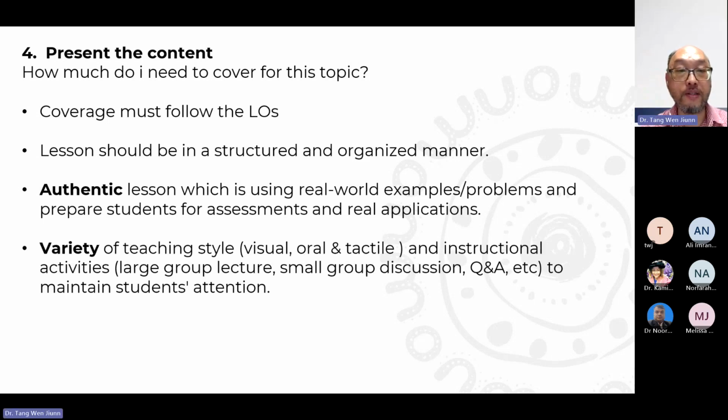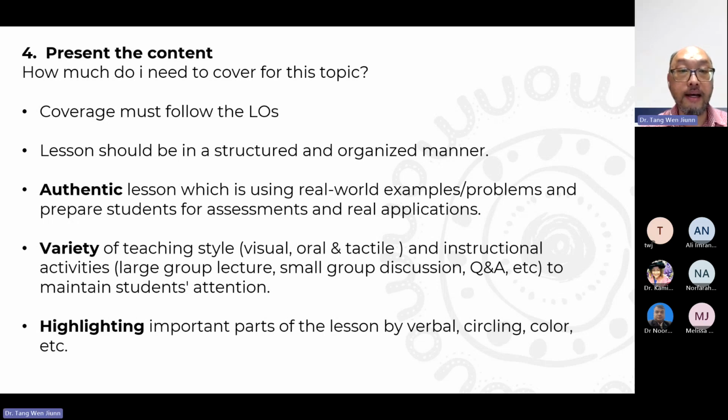Of course, in the presentation, we have to use a variety of teaching styles. We have words, we have pictures, we have videos, and different instructional activities: group discussion, Q&A, quizzes, just to make sure they pay attention.